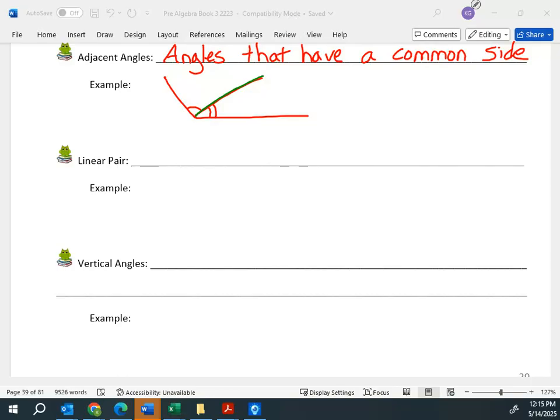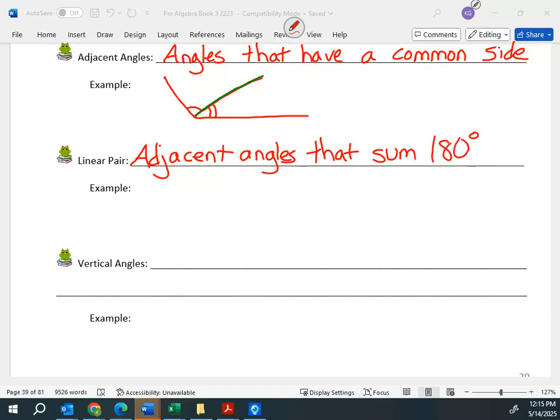Then we have a linear pair. A linear pair is adjacent angles that sum to 180 degrees.